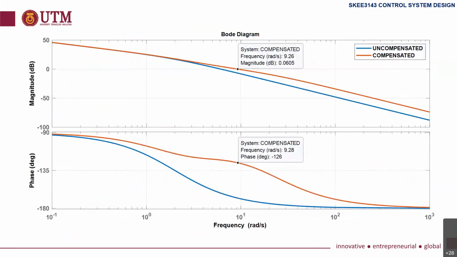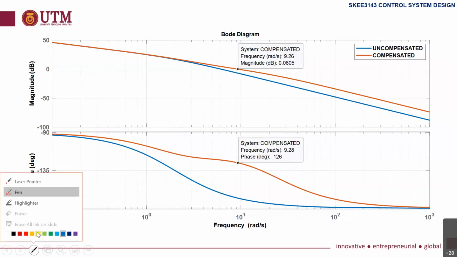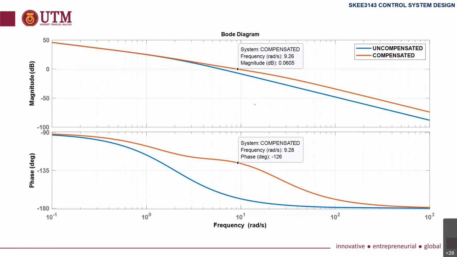Okay, I plotted using MATLAB the effect of adding the lead compensator. The blue one is the original system with K equal to 10. Here also K equal to 10, the original system.